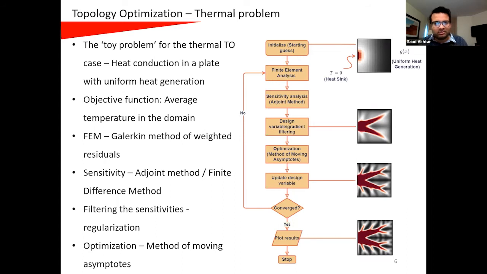For this particular problem, we used the method of moving asymptotes because that is the convention in the topology optimization community. It's very popular, it's easy to compute, and you have the gradient. I'm going to talk about the gradient in a bit, but there is a very interesting way of formulating your adjoint problem such that it becomes self-adjoint. So let's get more into it.